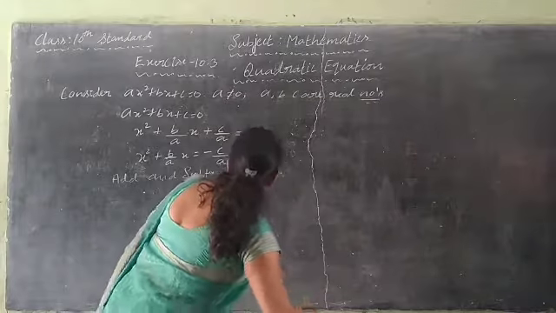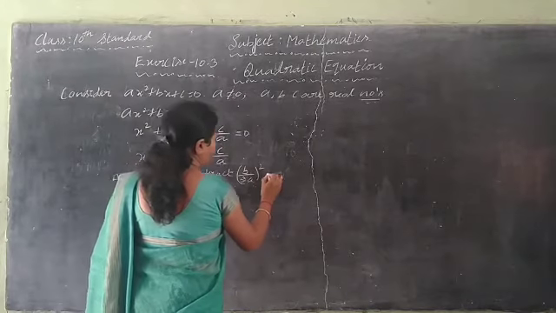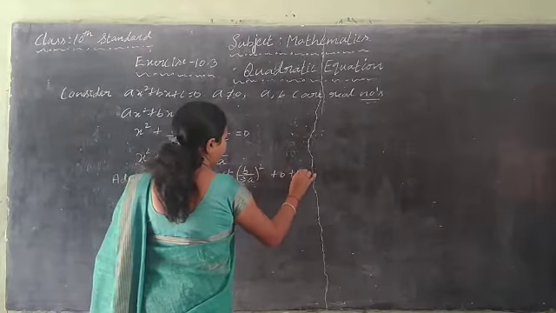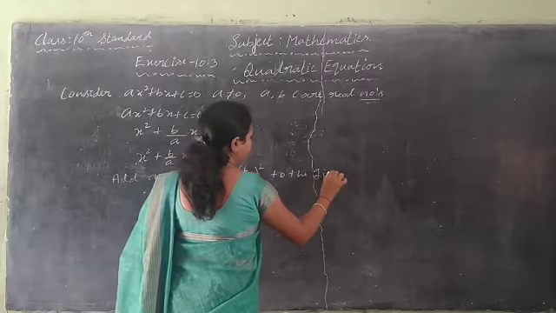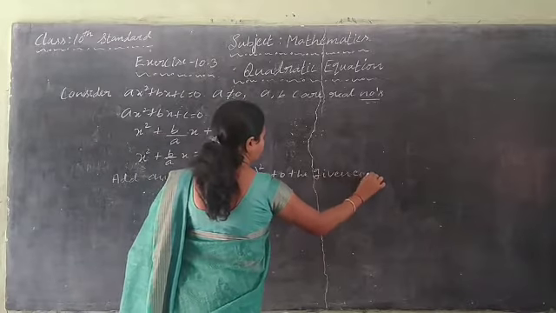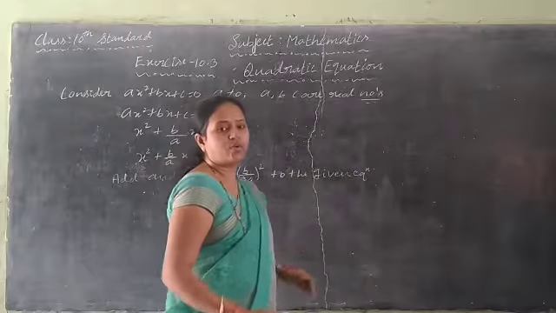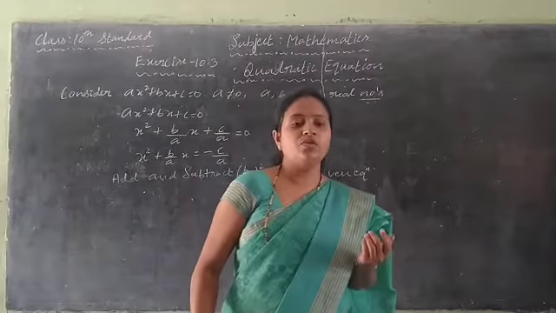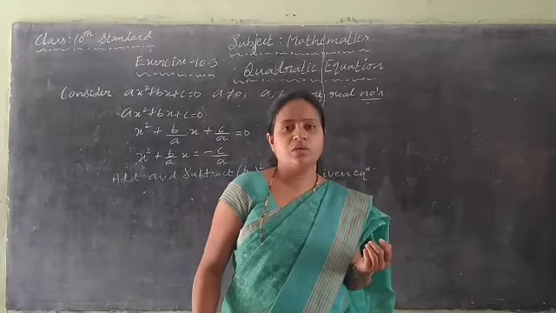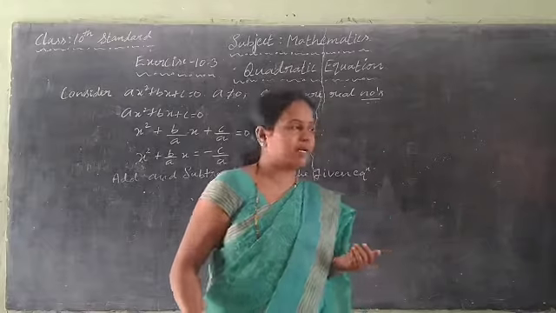We are going to add and subtract b by 2a whole square to the given equation. What we are going to do, children? We are going to add b by 2a whole square. Understood? Add and subtract. Right.